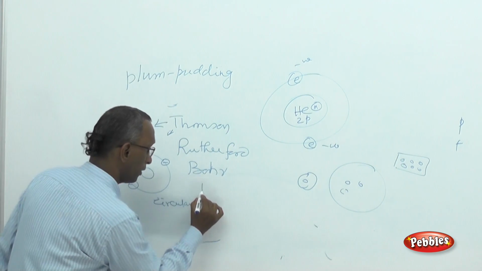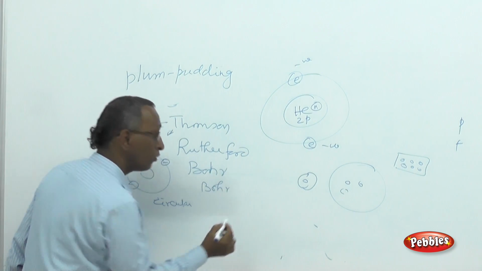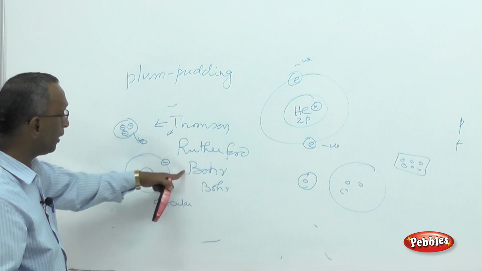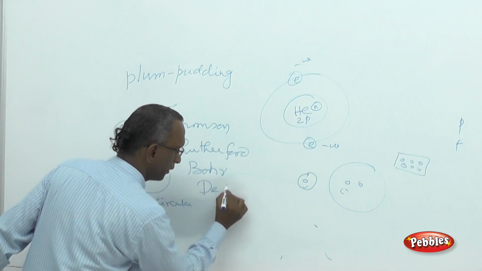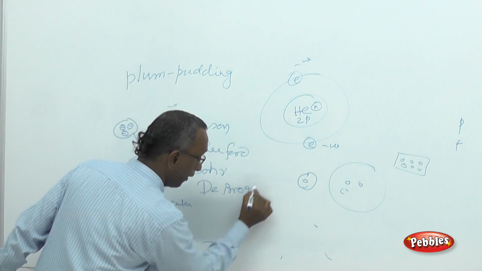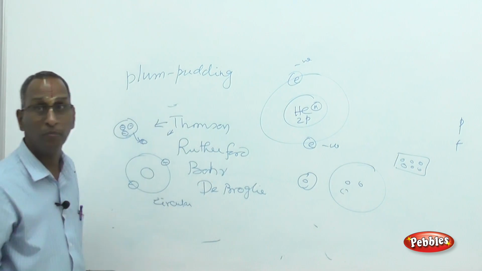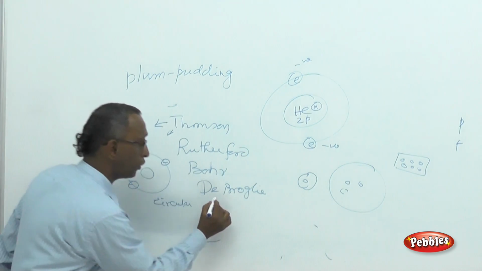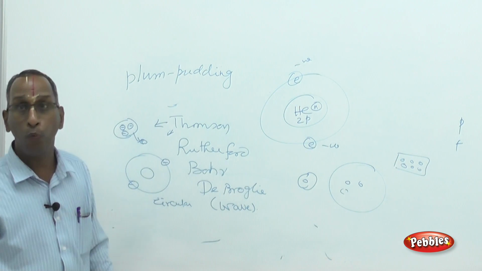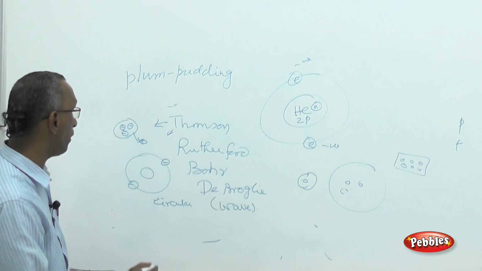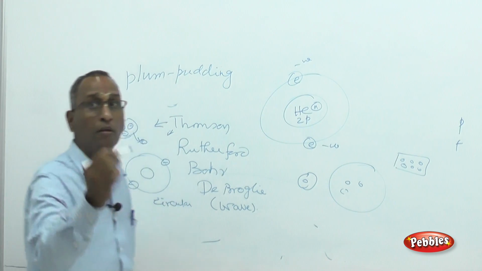Another model is the de Broglie arrangement. So far the electron was considered a particle. De Broglie introduced the concept of wave. Electrons are considered as waves, which means they have to be in motion.